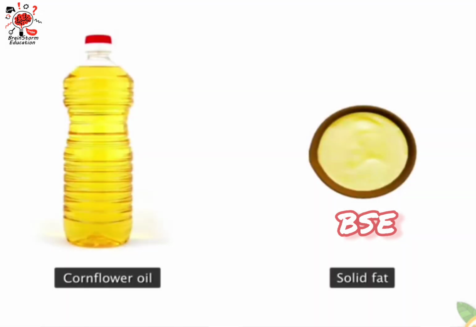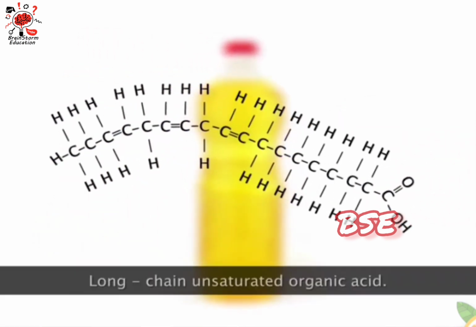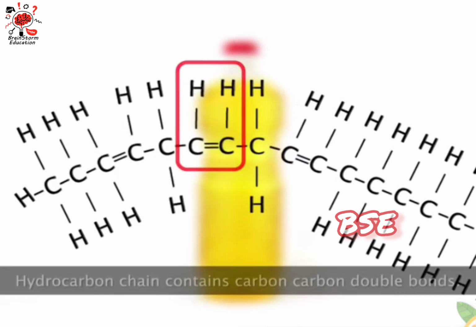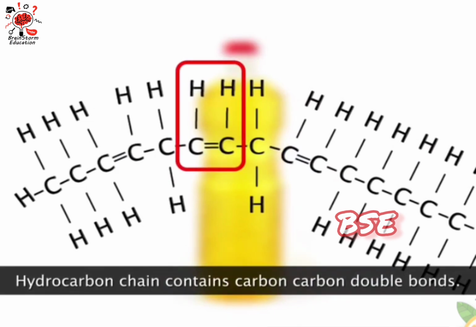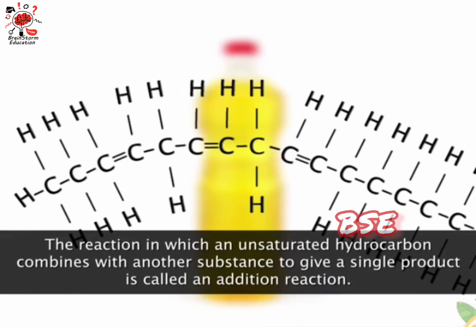Do you think it is possible to convert vegetable oils to solid fat? Vegetable oils contain long-chain unsaturated organic acids. These undergo addition reactions.